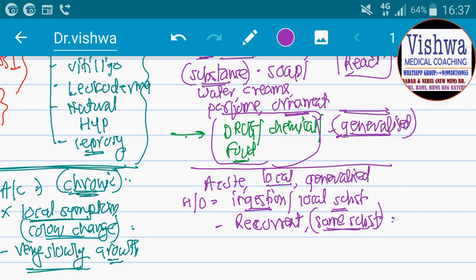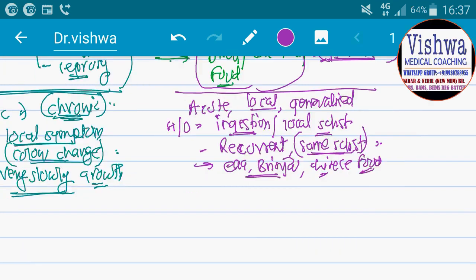Like for example, if somebody is allergic to some peculiar soap, whenever she applies that soap, she has some allergic reaction. Or some food item, let's say for example eggs, sometimes brinjal or some Chinese food. If somebody has that, then the patient develops the allergic reaction, and it is always acute.